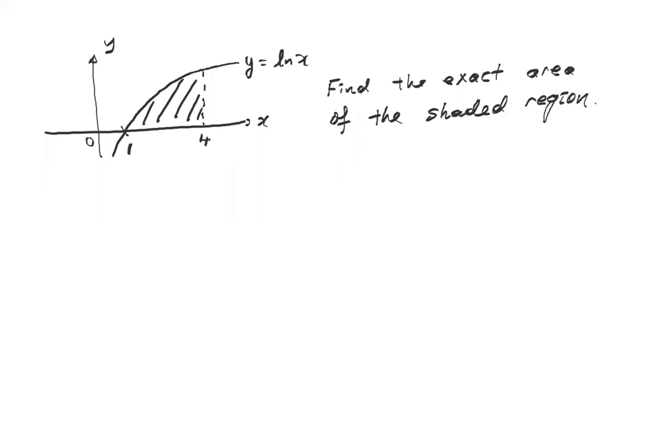Okay, how am I going to find the answer for this one? I want the exact form, so I cannot use my graphic calculator. I cannot say integrate from 1 to 4 ln x. I can use FNINT and get this answer, but now I cannot. I want exact. So what to do?